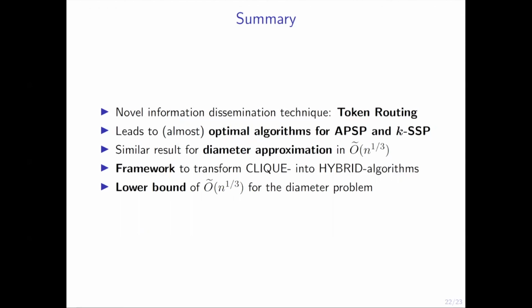I also want to draw some attention to our lower bound of n to the 1/3 for the diameter problem, which uses an adapted worst case graph for the CONGEST model. And we believe that this technique might be applicable to other problems in the hybrid model.